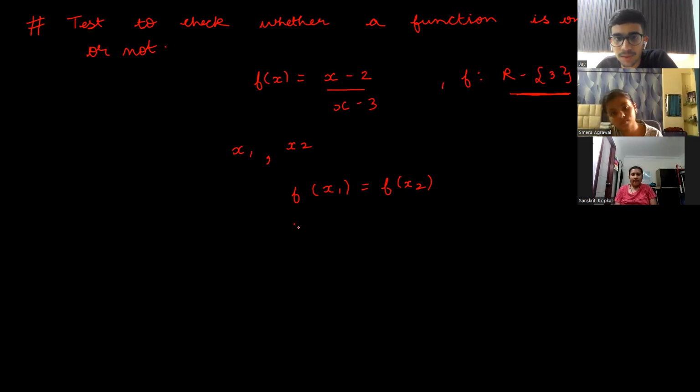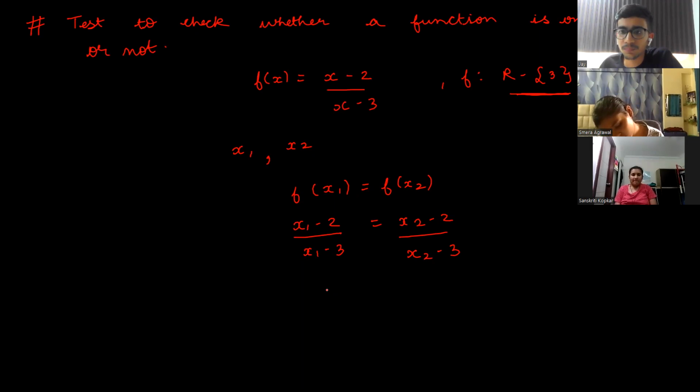ठीक है? So what I'll say is (x1 minus 2) divided by (x1 minus 3) is equal to (x2 minus 2) divided by (x2 minus 3). If I solve this equation, what I get is (x1 minus 2) times (x2 minus 3) is equal to (x2 minus 2) times (x1 minus 3).